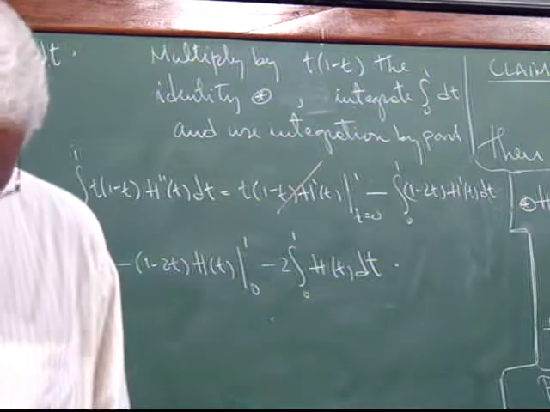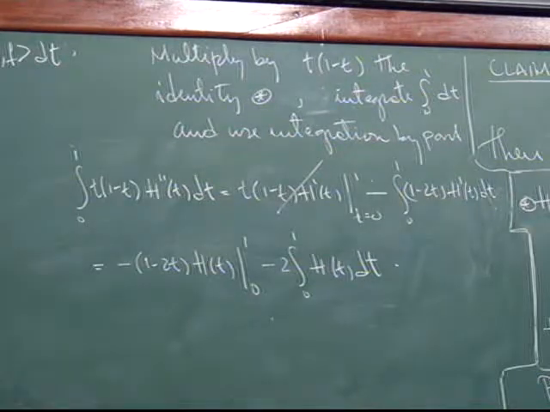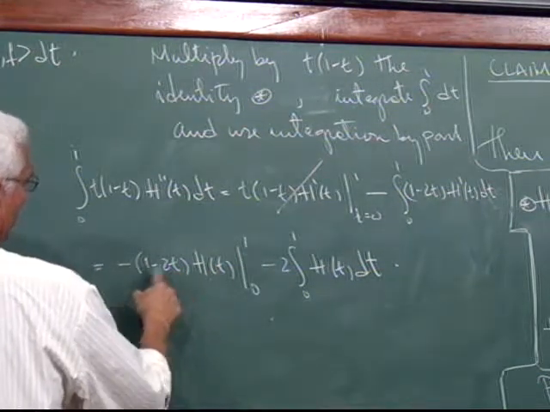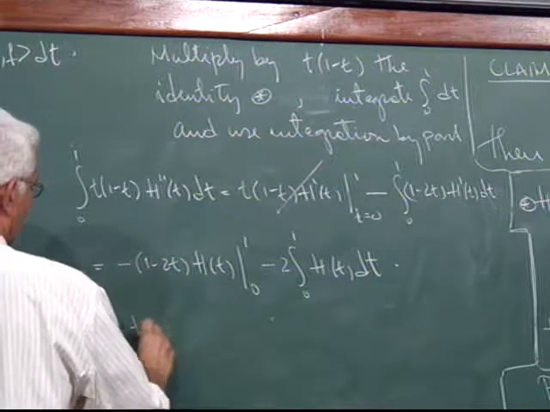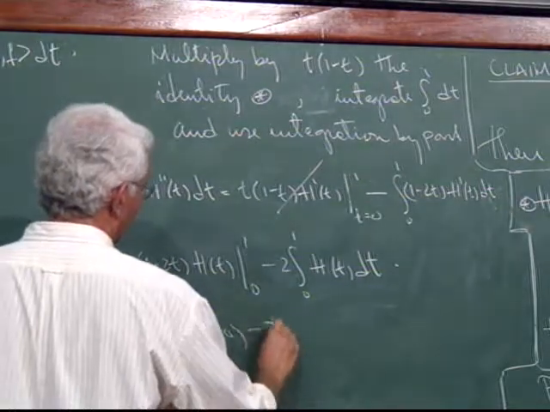Let's see if this is correct. Okay. And this part, when you evaluate at 1, gives you minus plus. When you evaluate at 0, it gives you this. And then you have this.